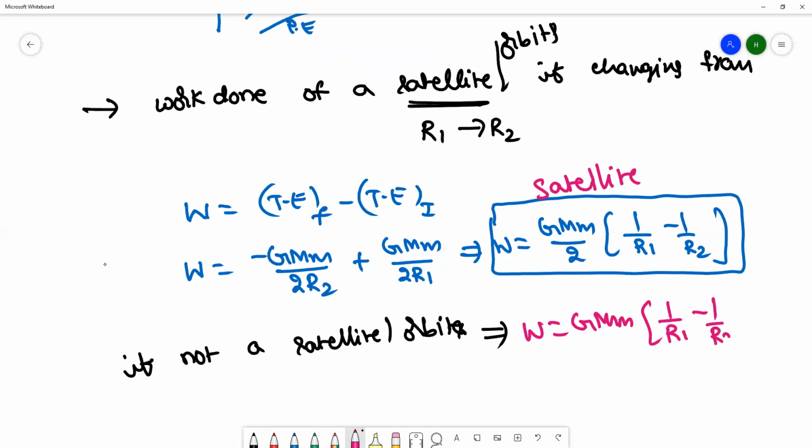This is the work done when it is not a satellite condition. If it is not a satellite, you can consider the potential energy. If it is a satellite condition, we will consider total energy. Make it a star. You can take a screenshot of this. Very, very most important condition.